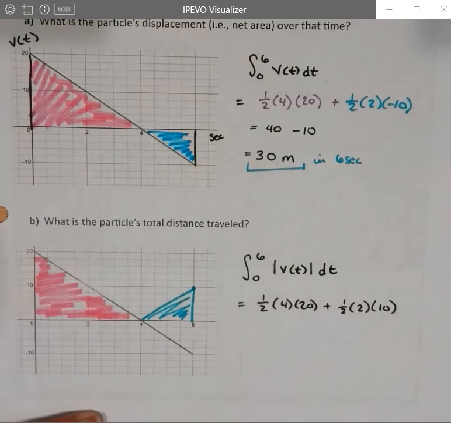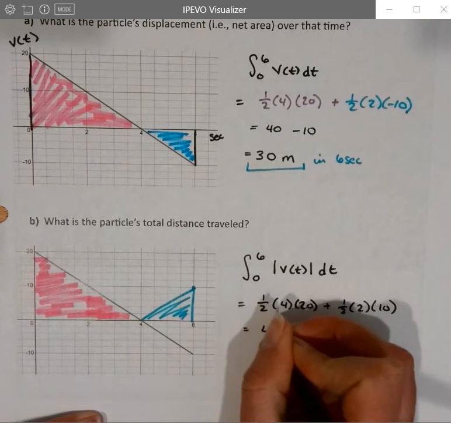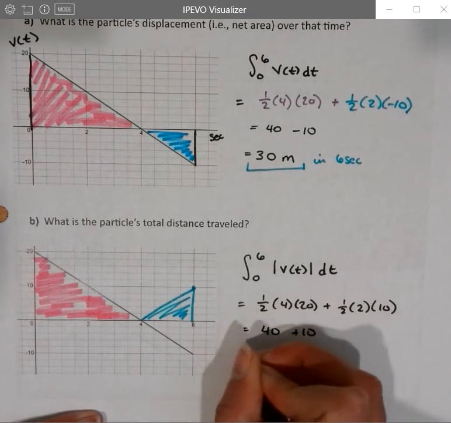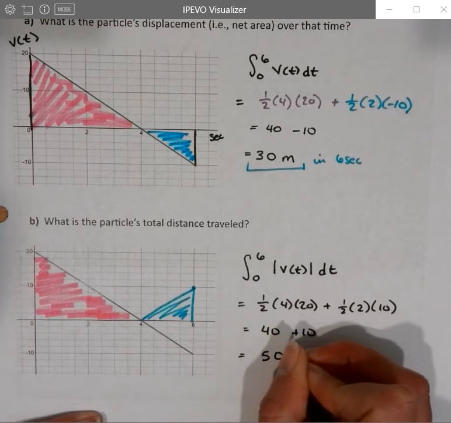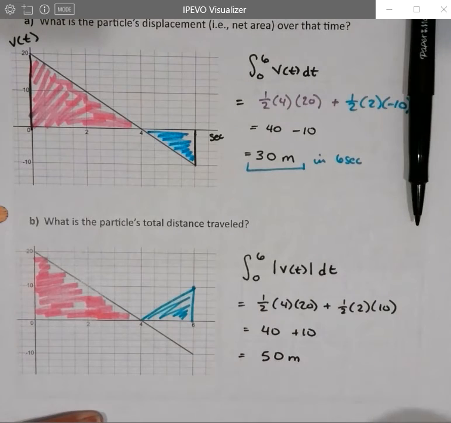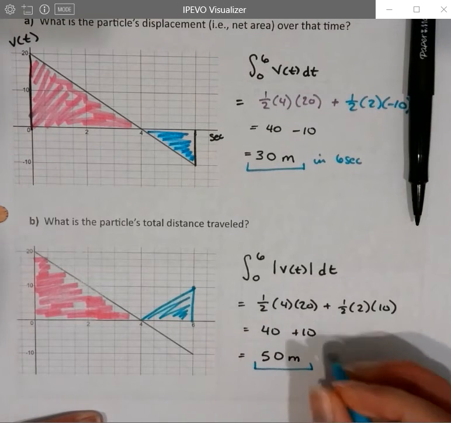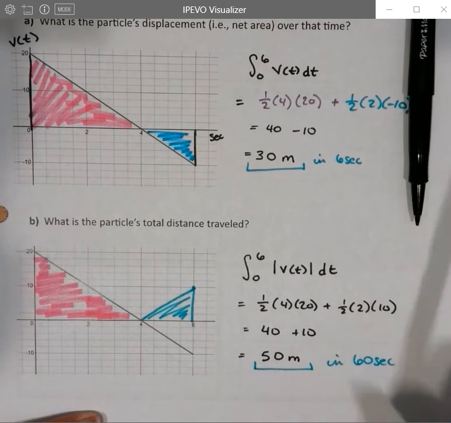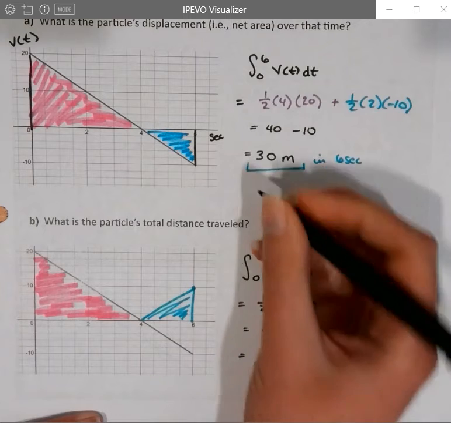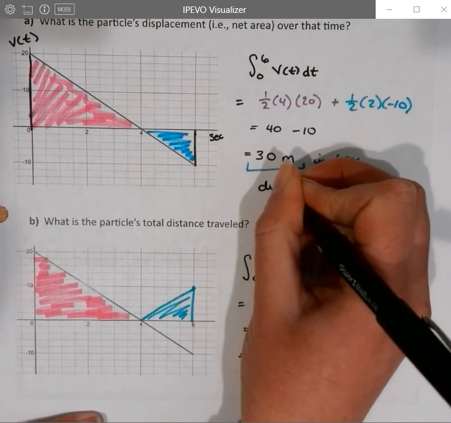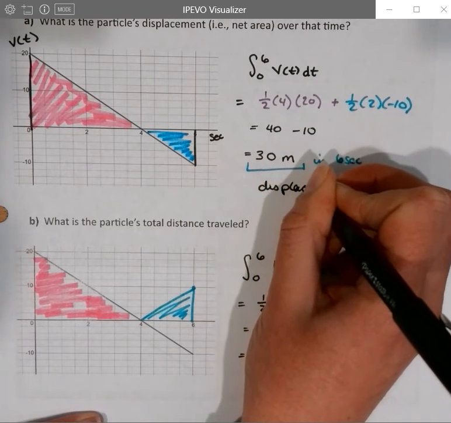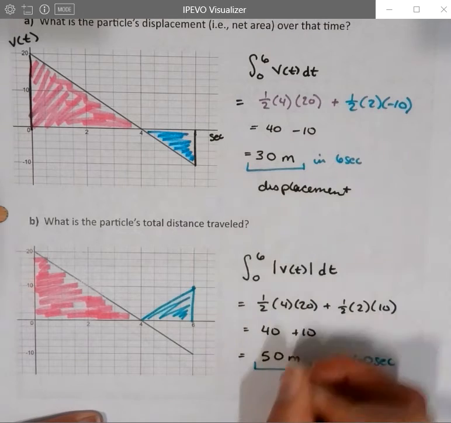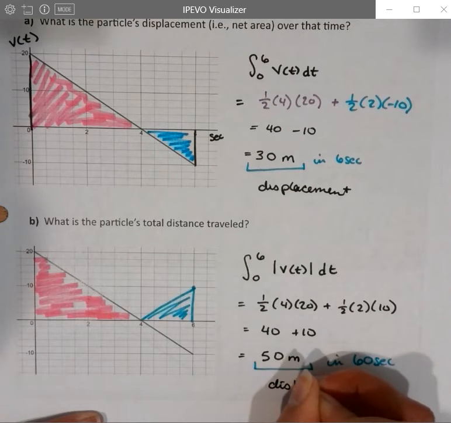And so we're going to end up with a 40 plus 10, or 50 meters. And so that would be, again, our distance this time that we traveled in 6 seconds. Okay, so just memorize this is our displacement. And this is our distance.